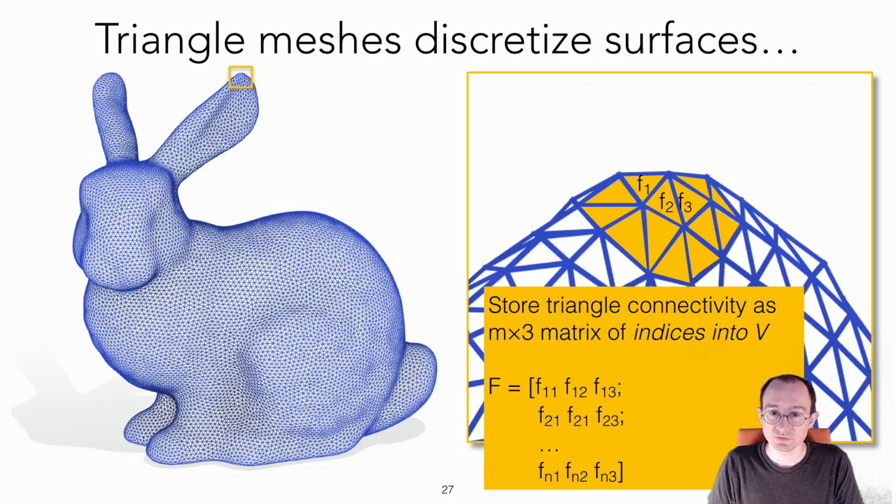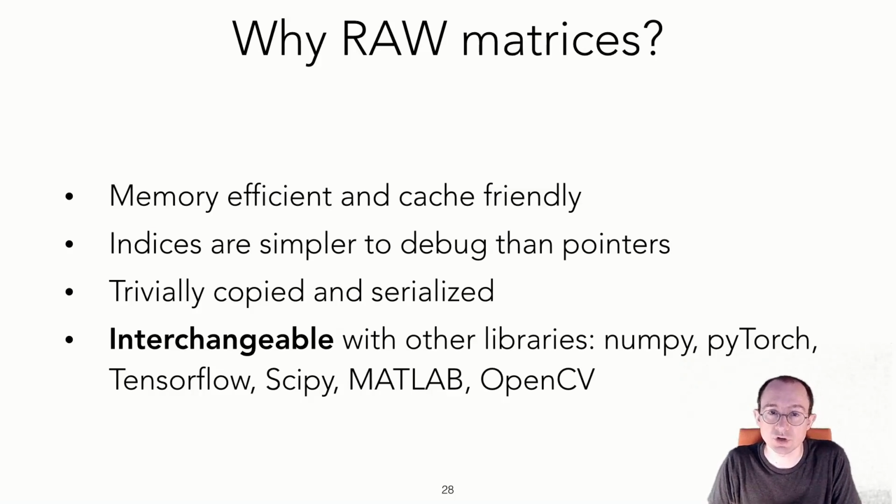So this matrix V that we saw before for the vertices and this matrix F is everything that we need to encode this mesh. The same idea is going to be used for other things, like for storing connectivity between triangles. We are also going to use matrices and so on. So what we're going to do for all these libraries is to try to use only raw matrices.